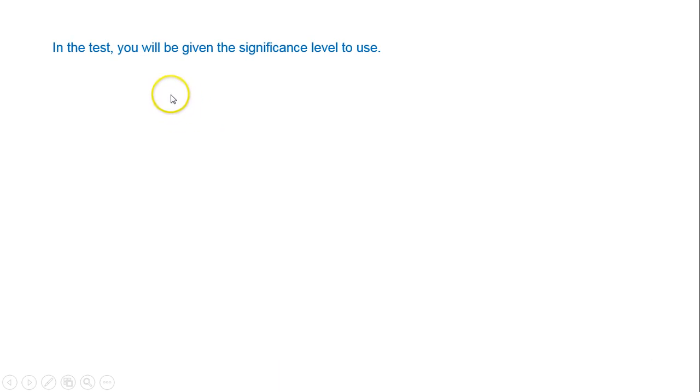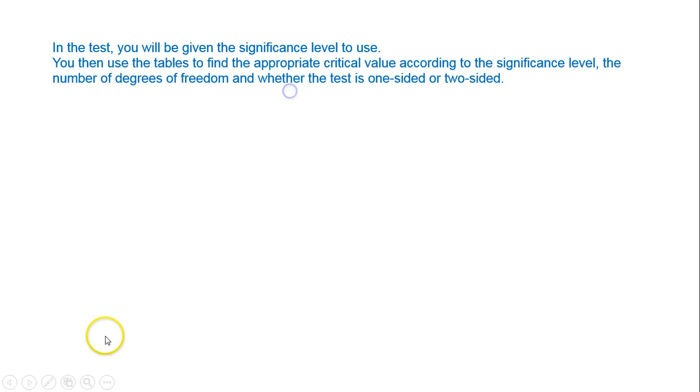In the test, you will be given the significance level to use. You will then use the tables to find the appropriate critical value according to the significance level, the number of degrees of freedom, and whether the test is one-sided or two-sided.